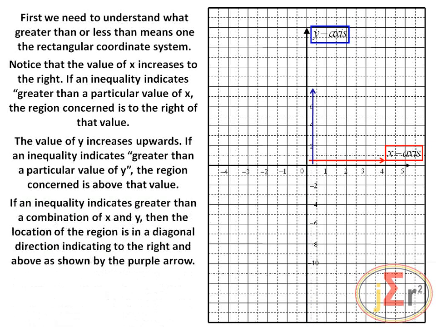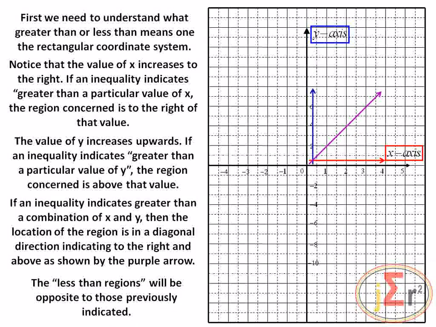If an inequality indicates greater than a combination of x and y, then the location of the region is in a diagonal direction, going to the right and going above at the same time, and that is shown by that purple arrow. The less than regions will be opposite to those previously indicated.